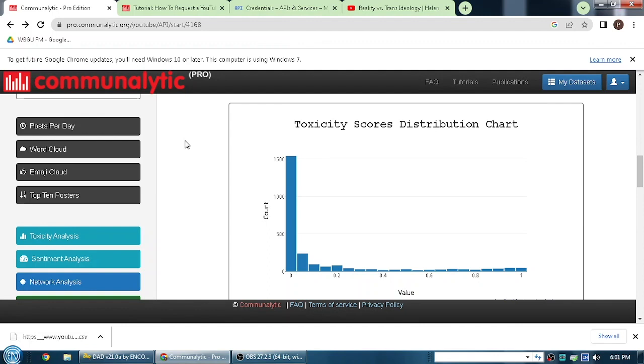So the conclusion I'm drawing is that most of the people commenting on this piece of content are supportive of it, right? Because this low end represents the lowest amount of toxicity. And that's where the majority is.